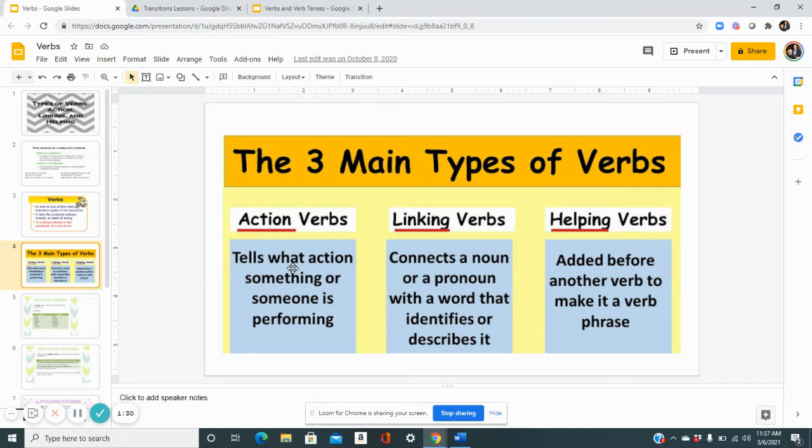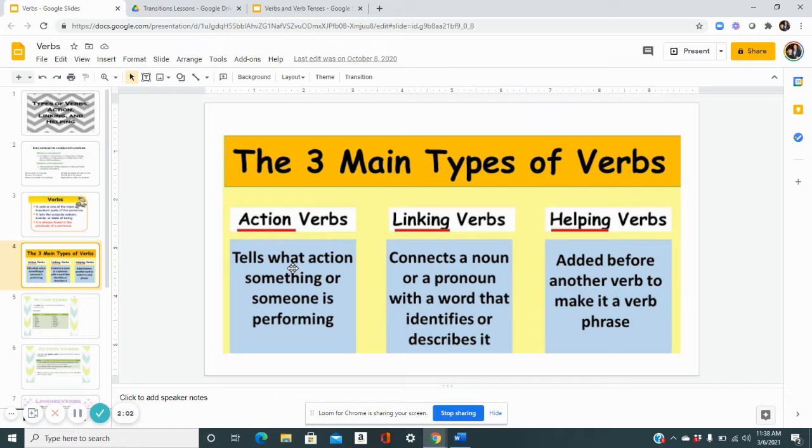A linking verb is a little bit different. You don't actually do it. What a linking verb does is it connects a noun or a pronoun with a word that identifies it or describes it. So if I say, my students are happy, so are is a linking verb, and it's telling me how the students feel.